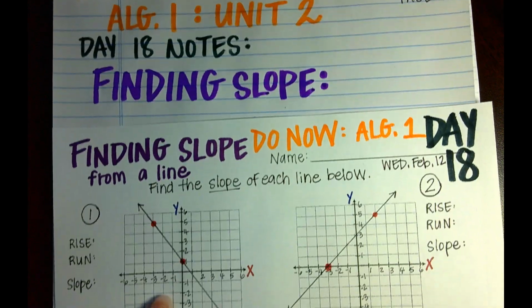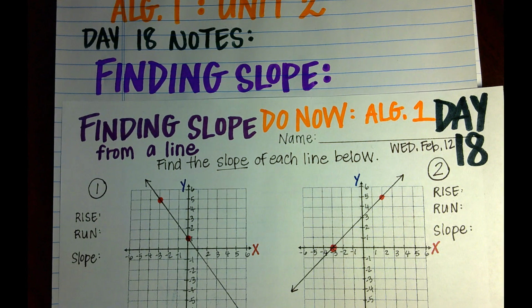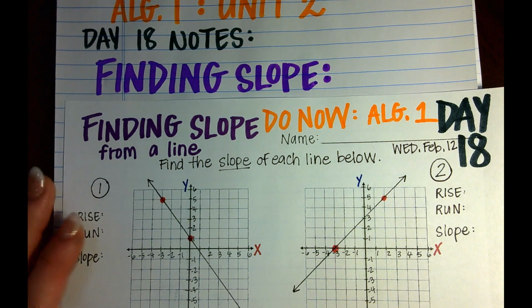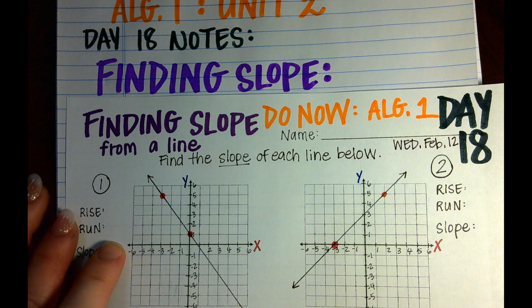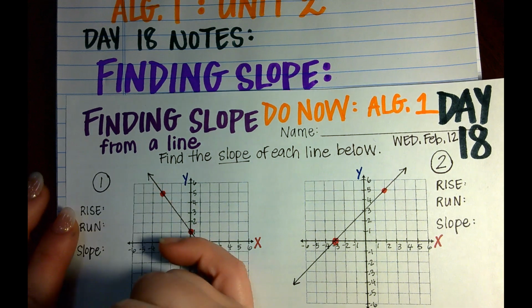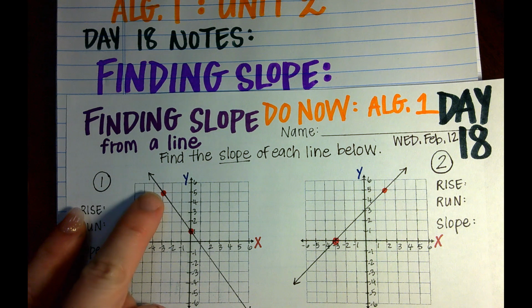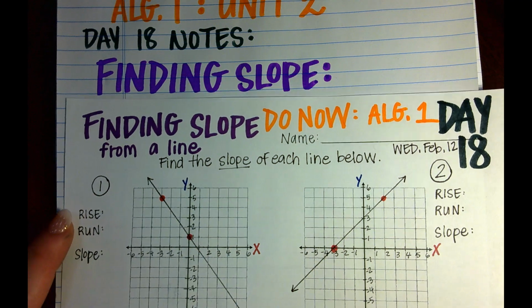Now, specifically, when we're looking at a line to find slope, like on this worksheet here, we always want to look from left to right, just like we're reading. So we're going to go from the point that is closer to the negative side of our graph, and then we go over to the right to the next point, more towards the positives.